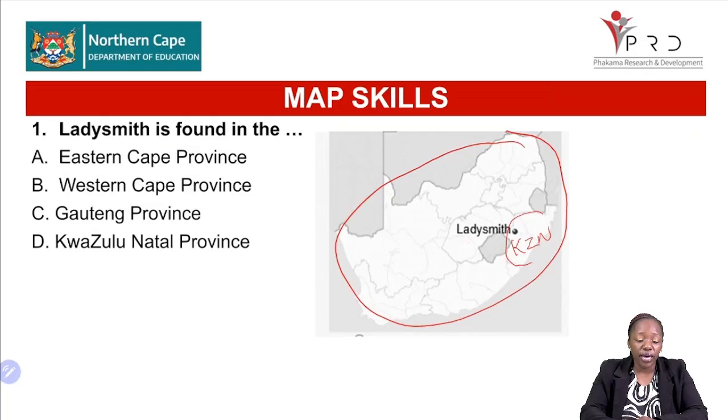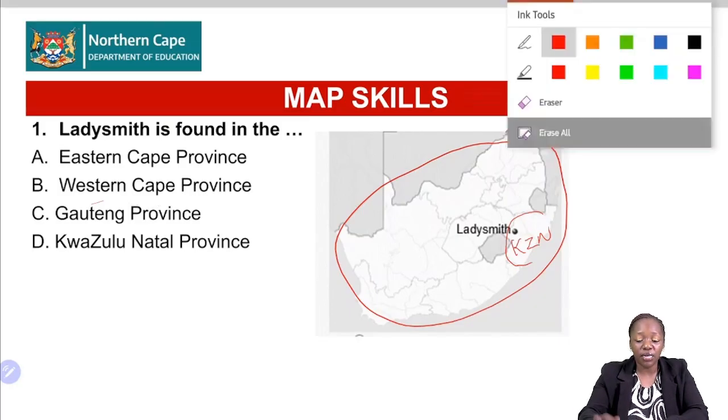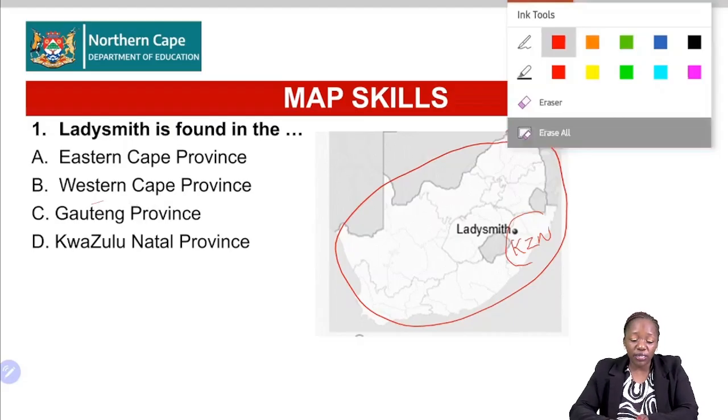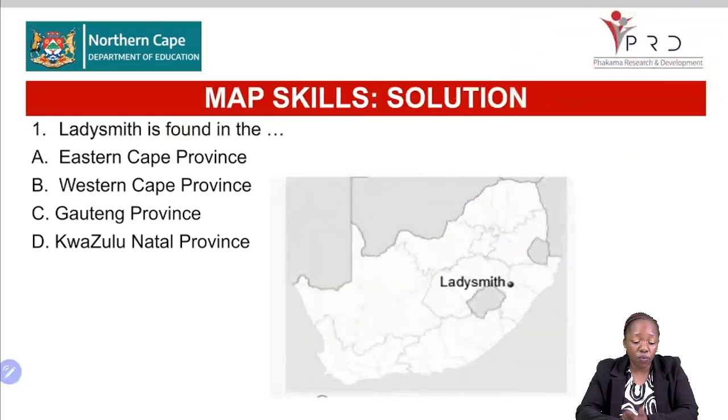So we have: Ladysmith is found in, is it the Eastern Cape Province? Is it the Western Cape Province? Or is it the Gauteng Province? So the map skills are such questions. As we've already identified by looking at the map where it is located, you are able to locate the correct answer, which is KwaZulu-Natal.